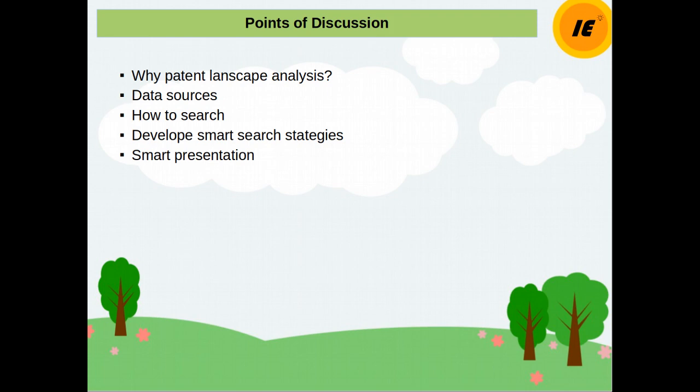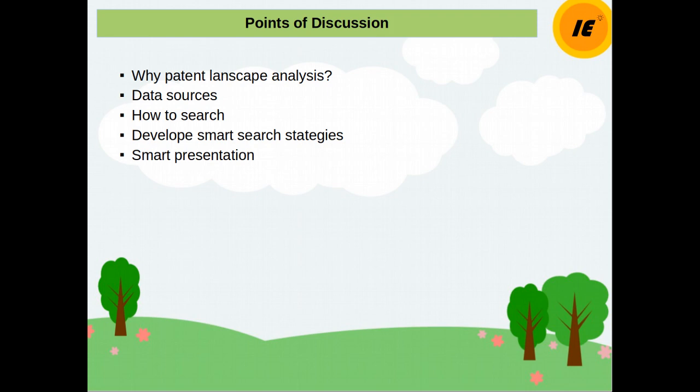So why do we need patent landscape analysis? Let's say you want to dedicate 5, 6 or 10 years of your research time to some problem that you feel is very interesting and has some commercial value in future.